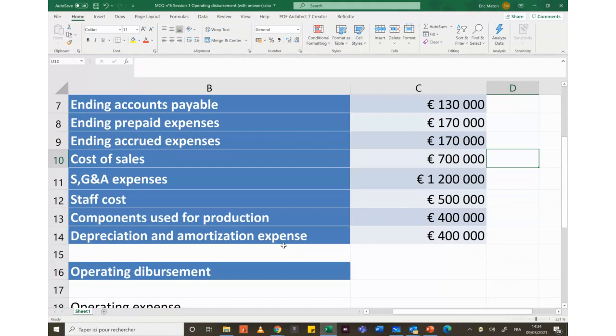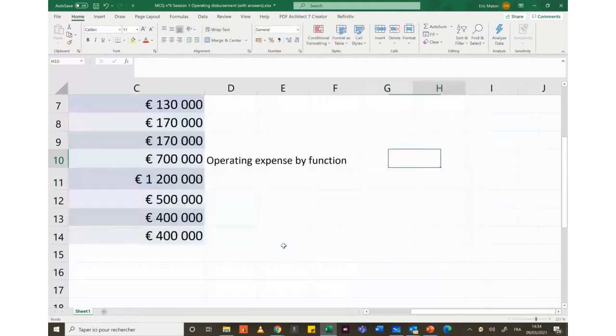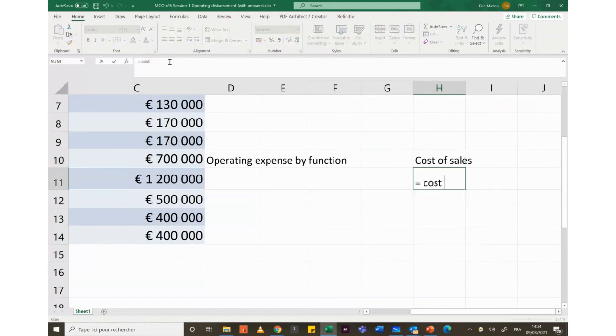So here we have operating expense by function with the cost of sales. The cost of sales is equal to the cost of goods manufactured and sold.